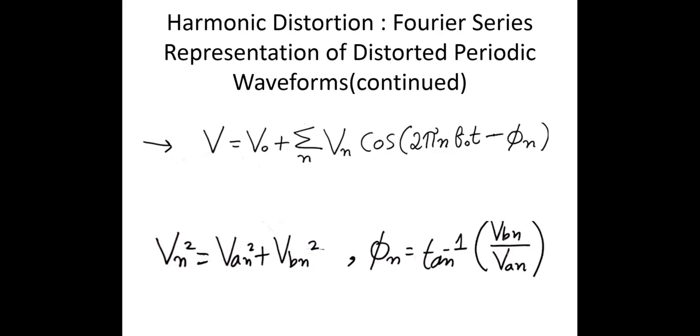So now we have rewritten our Fourier series in a compact form, that is V naught plus sum of Vn cos of 2 pi n f naught t minus phi n, where the summation variable is n. Now the coefficient Vn is given by Vn square equal to VAn square plus VBn square, whereas phi n is given by tangent inverse of VBn divided by VAn.